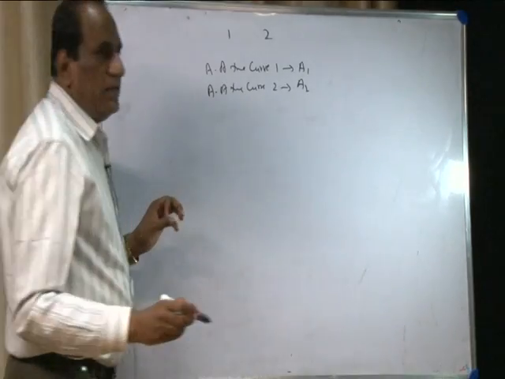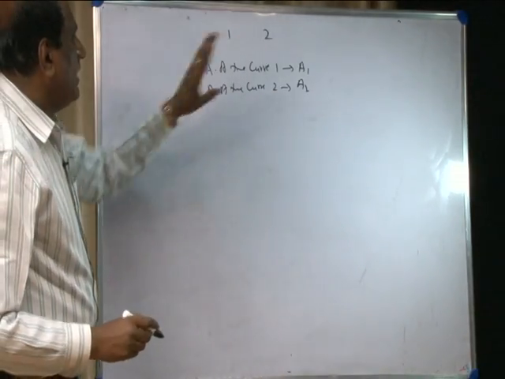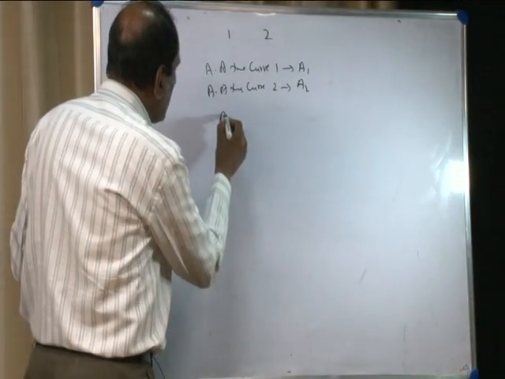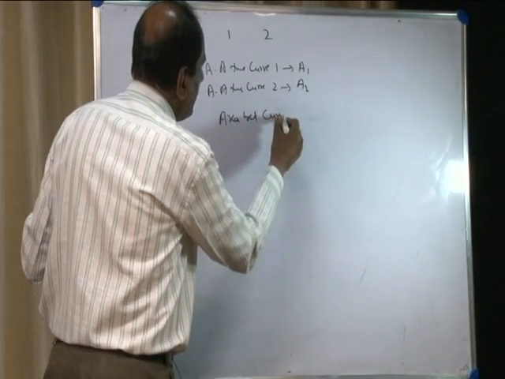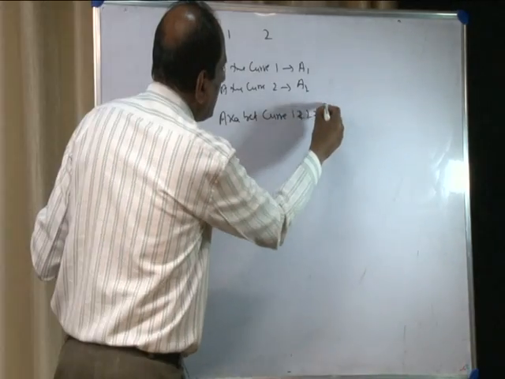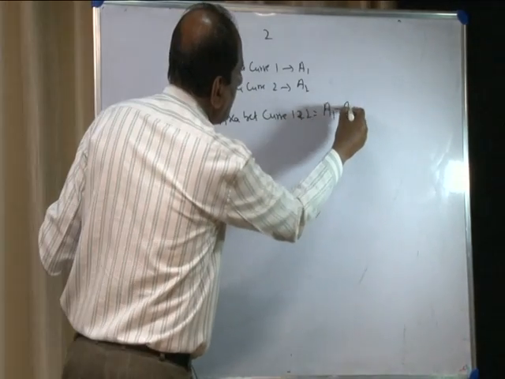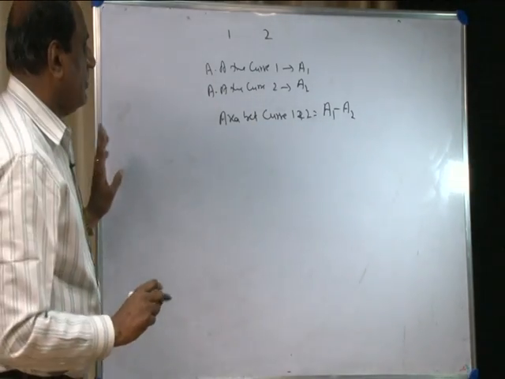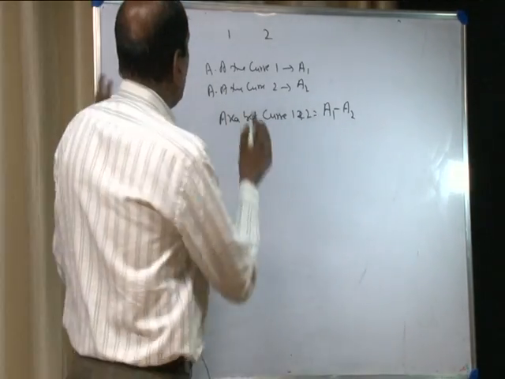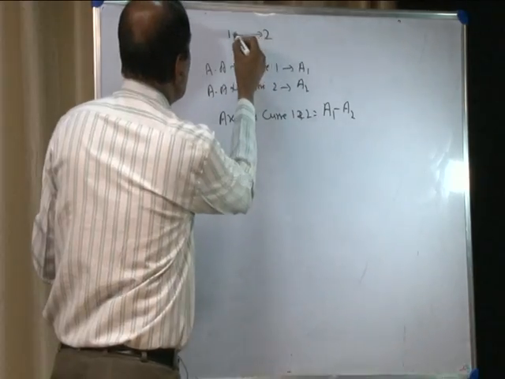How to find the area between 1 and 2? The area between curve 1 and 2 is given by the formula A1 minus A2, or the difference of A1 and A2. That will give the area between curves 1 and 2.